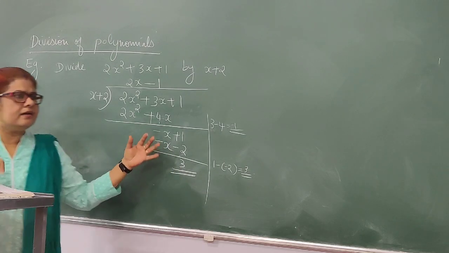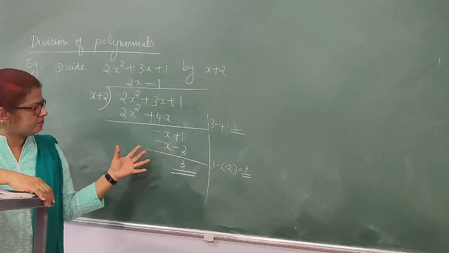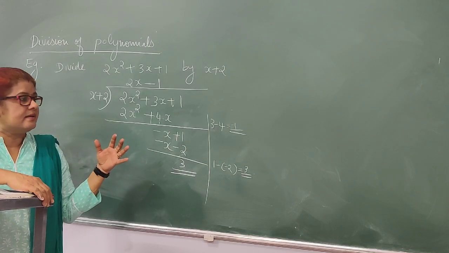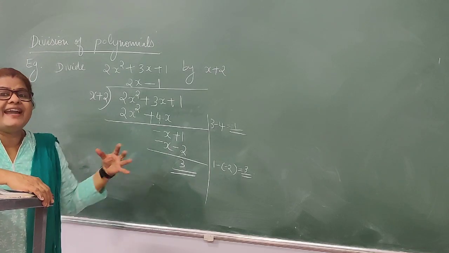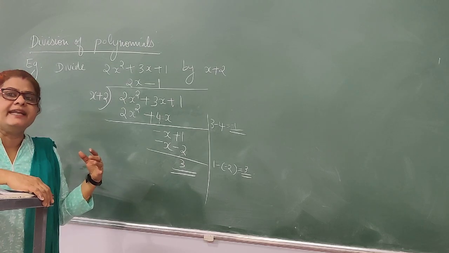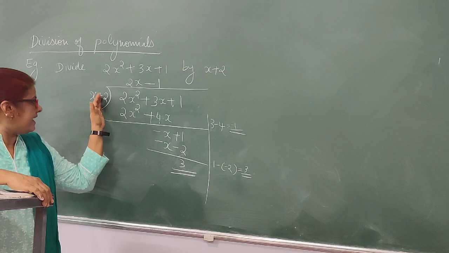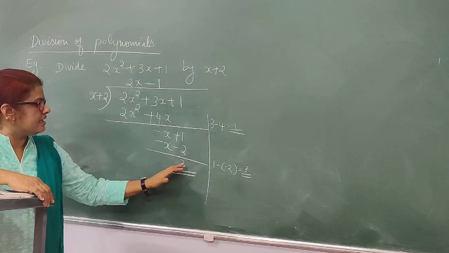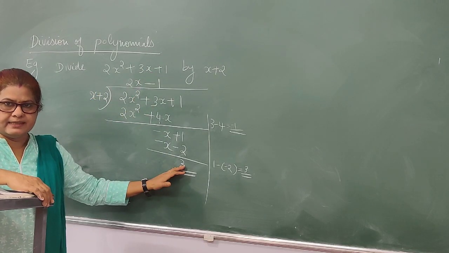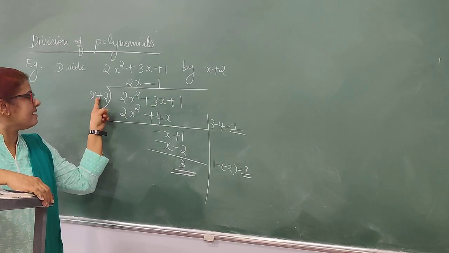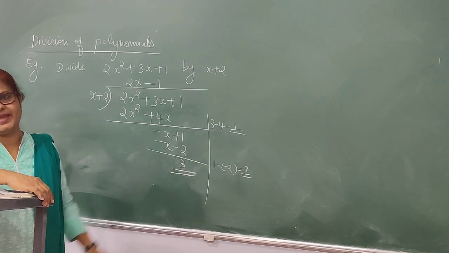Then I am doing, and in lower classes you might be remembering that the questions were asked as divide and check, and how to check a division. That is, when a dividend is divided by a divisor, we get a quotient and remainder. How to check it? Usually we find that dividend is equal to divisor into quotient plus remainder.